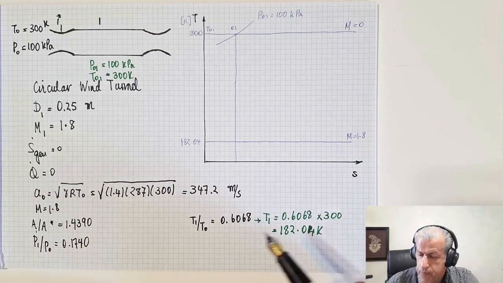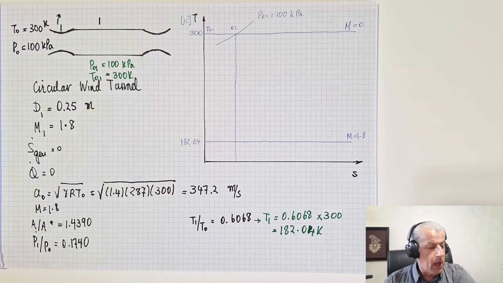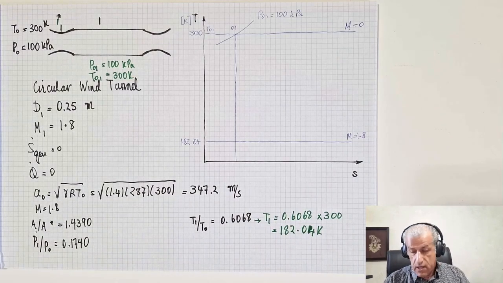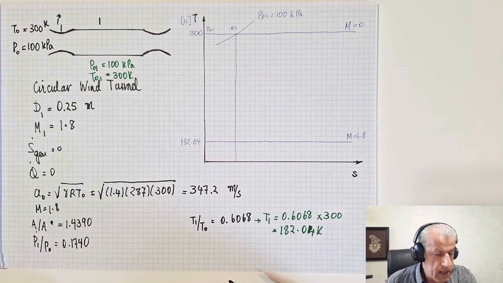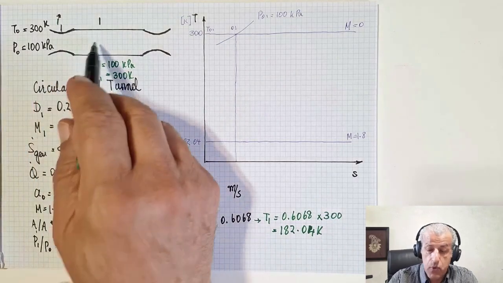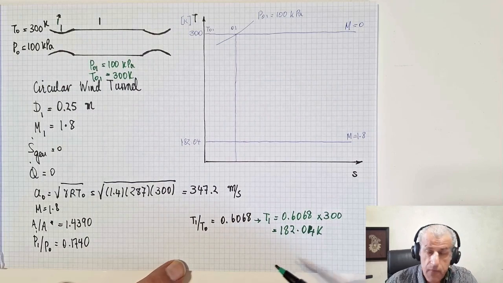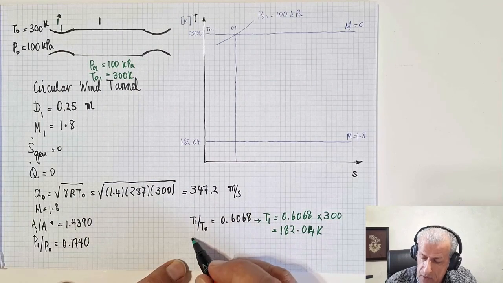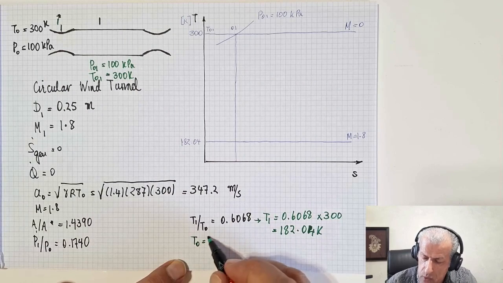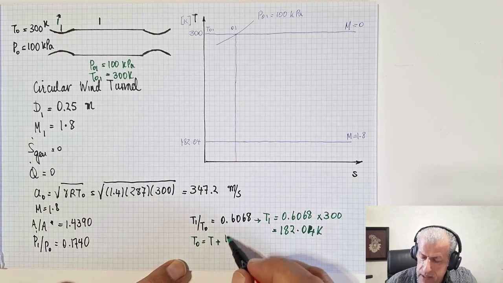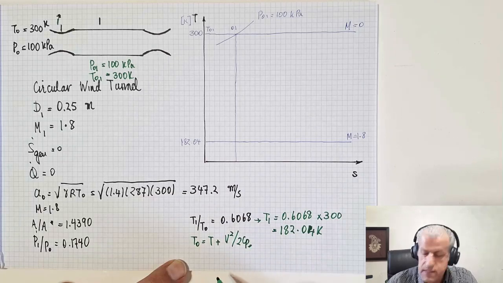Okay. Now, one more piece of knowledge that we can calculate just from here is the velocity at point 1. V1, you see, for the total temperature, we know that T0 equals T plus V squared over 2 Cp.